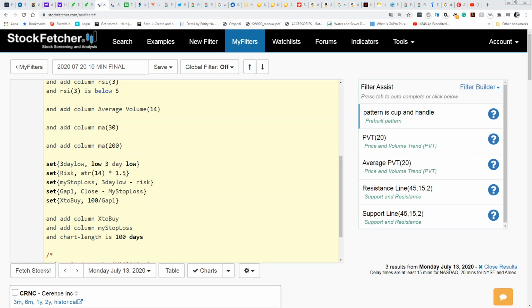Okay, my stop loss is the 3-day low minus the risk. The stop loss means I'm gonna sell all the stocks if it ever reaches this point, the 3-day low minus the risk.